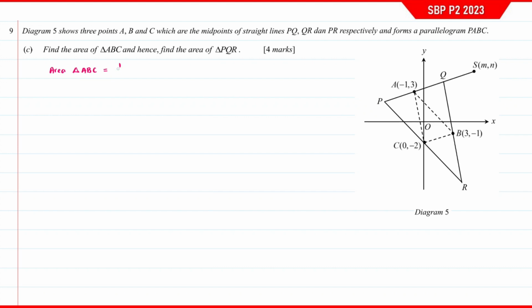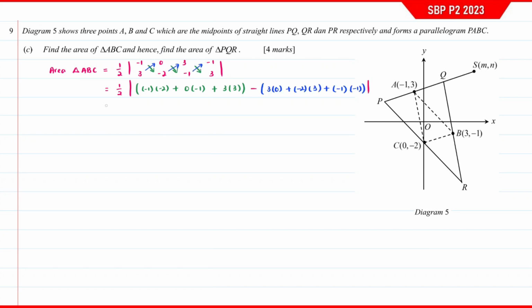So here I'm going to arrange the coordinates anti-clockwise starting with the point A. So -1, 3, 0, -2, 3, -1, and end with the first coordinates. Here we sum all products in these directions, then minus the sum of all products in these directions.